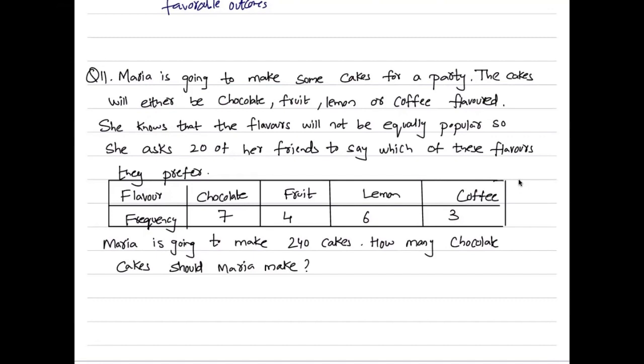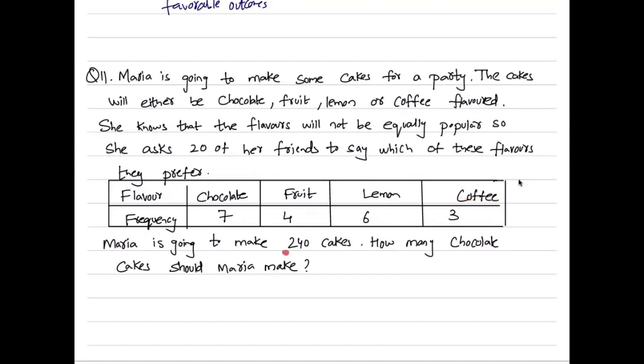Out of 20, 7 replied that they prefer chocolate, 4 replied that they prefer fruit flavor, 6 preferred lemon flavor, and 3 preferred coffee flavor. Although coffee flavor should have been more, but fine.